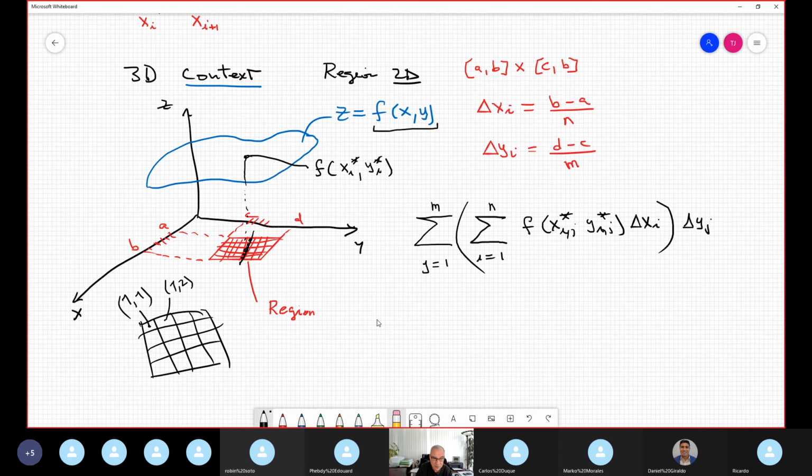So you navigate for the X, and you increase the first summation faster. You take this point, evaluate the function, obtain this segment, multiplied by the dimensions delta x and delta y.